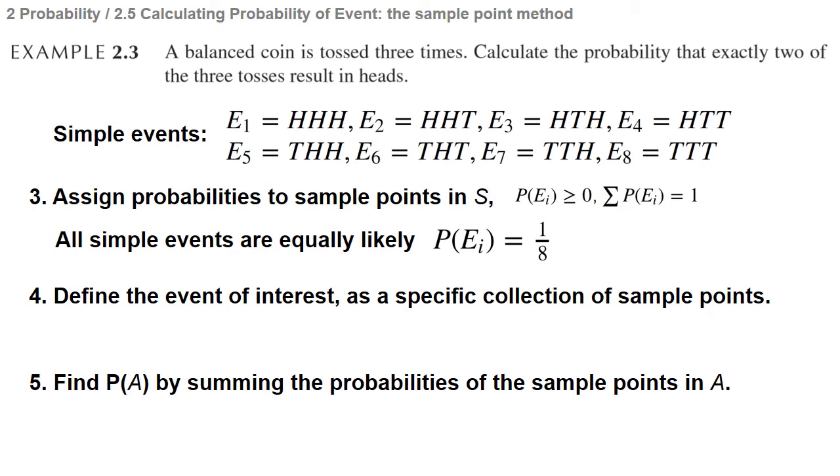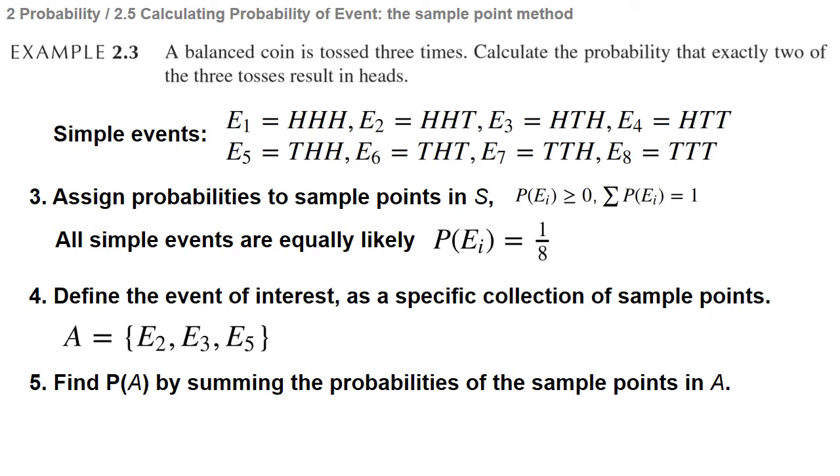So since we have all 8 events, we can assign our probability as 1 over 8. Okay, and in step 4, define the event of interest as a specific collection of sample points. Okay, what's the event of our interest? The probability that exactly 2 of the 3 tosses result in heads. Exactly 2 heads, that's the event of our interest.